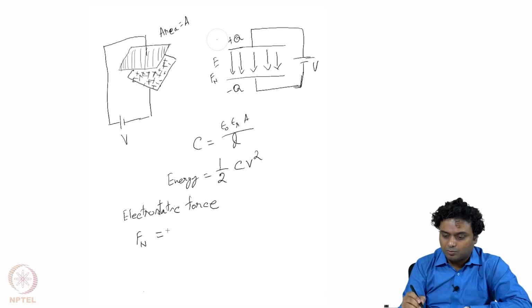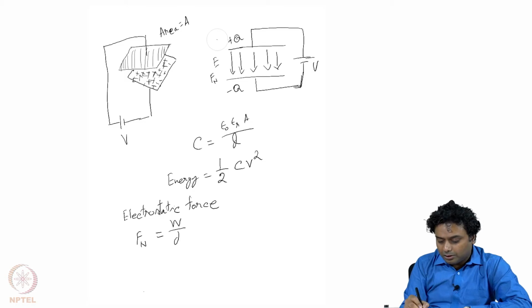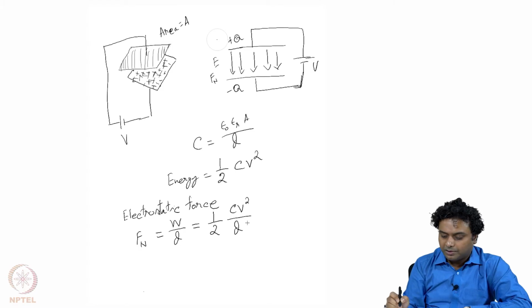The normal direction from one plate to the other is equal to W by D, and what is W? W is the energy stored, so that is half of C V square divided by D, okay.